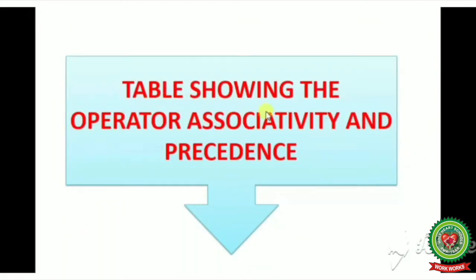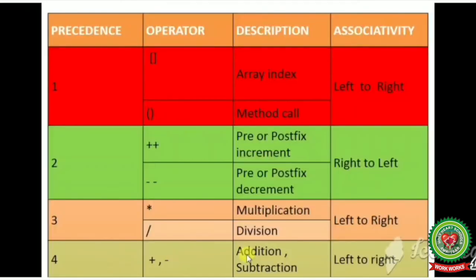Now we will discuss the table showing the associativity and precedence of operators. Number 1 is square brackets and round brackets. Square bracket is called array index and round bracket is called method call. Means if in an expression both square brackets and round brackets are there, they will be evaluated from left to right.